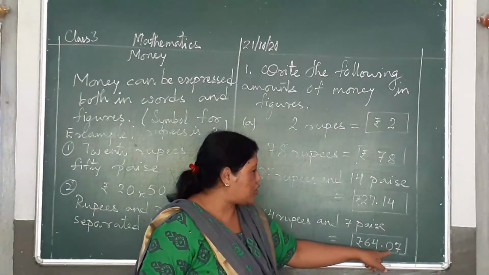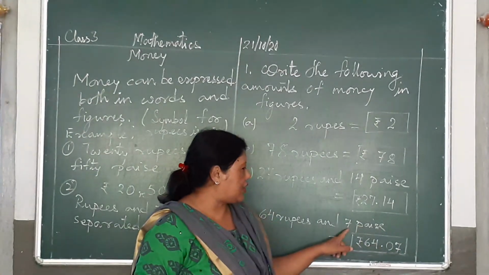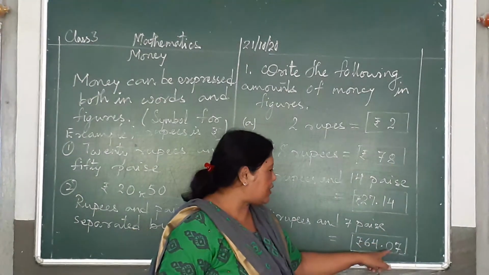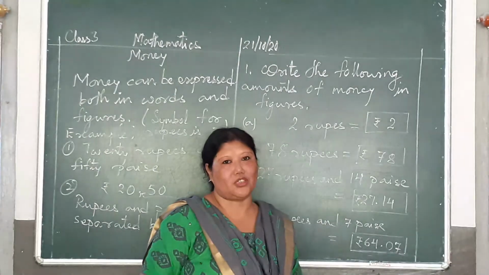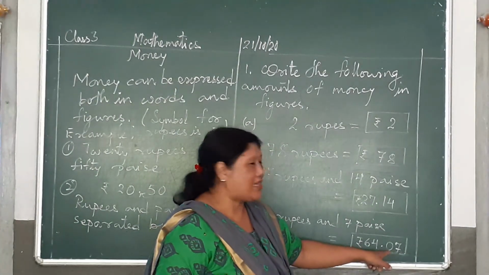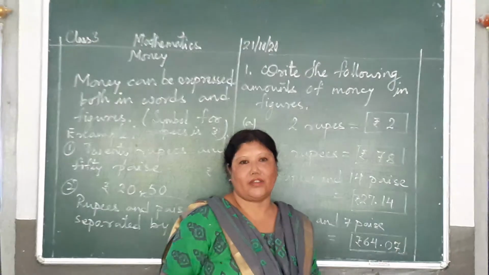So it should have 2 places, but 1 is filled up with this 7 paisa. If it is 17 paisa, then instead of 0 there will be 1 out here. It's just 7 paisa, so there is no tens place. So you have to write 0 here, then 7.